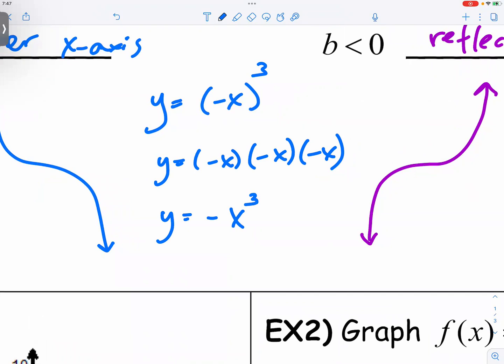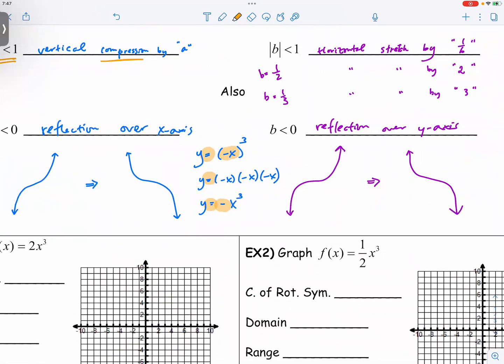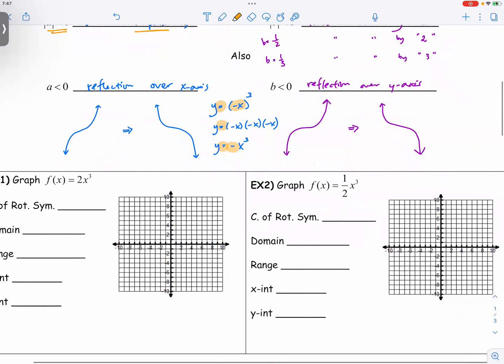And now you're like, oh, so this we will interpret as a reflection over the y-axis, right? But then over here, we'll interpret it as reflection over the x-axis. And can you see the equal sign right here? And that's how we prove it. That's the reason why we say the reflection over the x-axis is the same thing as the reflection over the y-axis. So not too surprising.